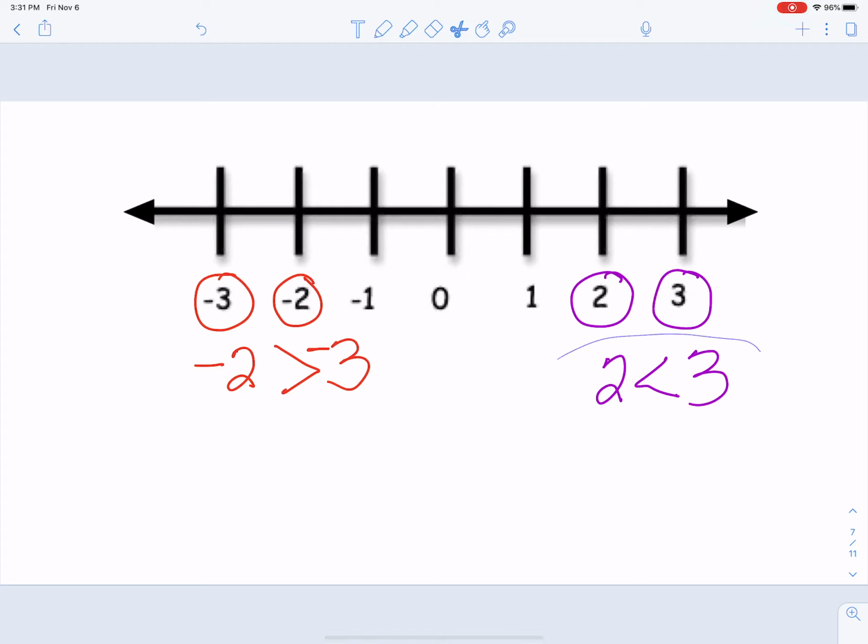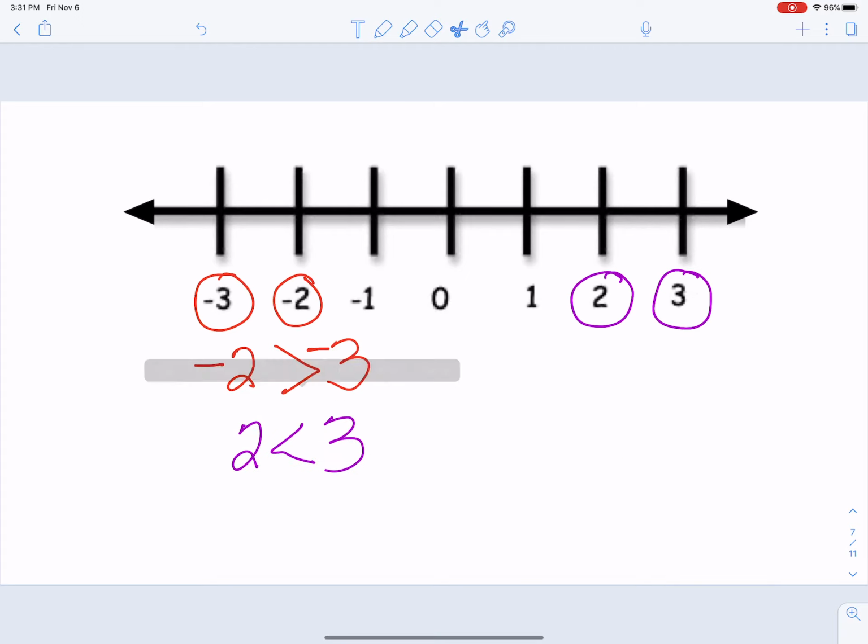And I might even move these over. And at this point, it's usually an aha moment. Oh, 2 is less than 3, but negative 2 is greater than negative 3. And then I'll take it a step further and multiply each side here by -1.